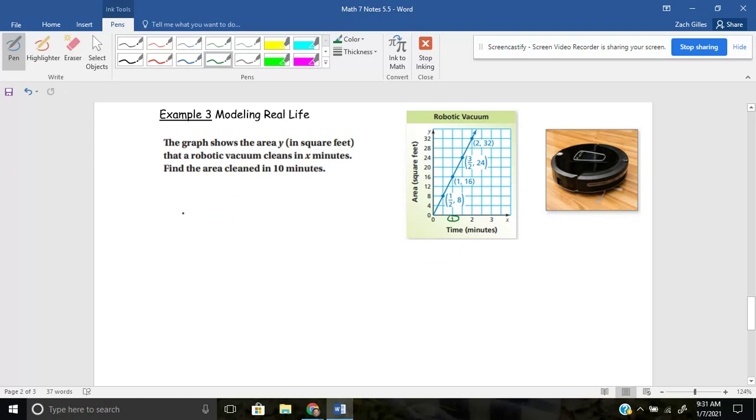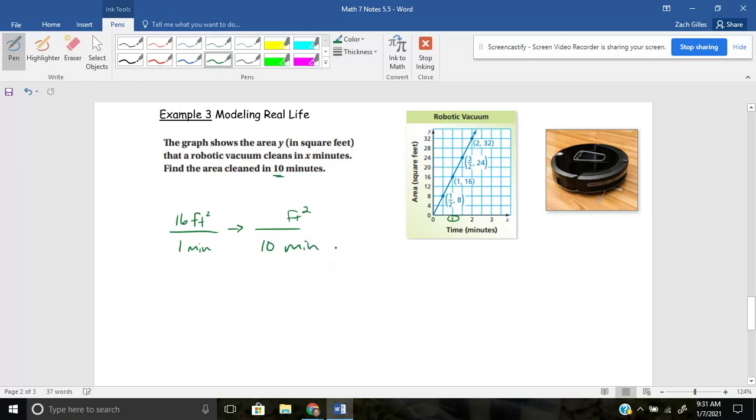Let's write that as 16 feet, and since it's area, it's squared, per every 1 minute. Every 1 minute that goes by, the robot vacuum cleans 16 square feet. Well, I want to know how many square feet is cleaned in 10 minutes.